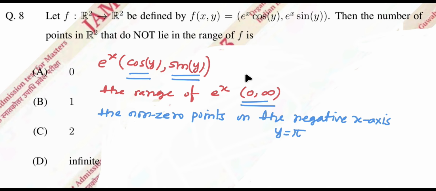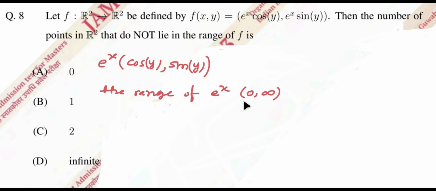In the same way, you will get all the points on the positive y-axis and all the points on the negative y-axis. For the origin, e to the power x is never 0. You would get this 0 only when x is minus infinity, and minus infinity is not finite.